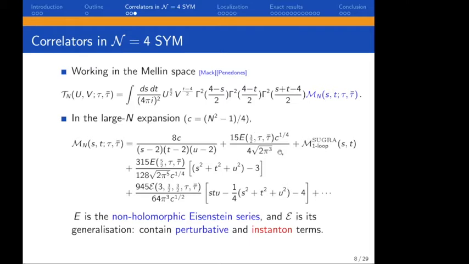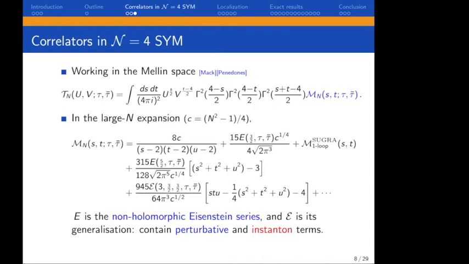This term is R to the 4, the supergravity at one loop. Then this is D4 R to the 4. This is D6 R to the 4. Those functions are so-called non-holomorphic Eisenstein series, and this one is a so-called generalized non-holomorphic Eisenstein series. The important message I want to deliver here is that those functions contain both perturbative and instanton terms.